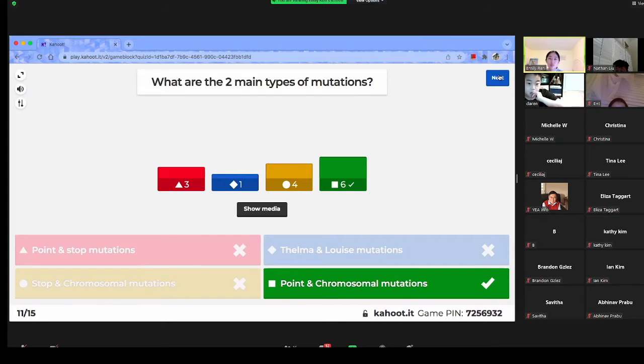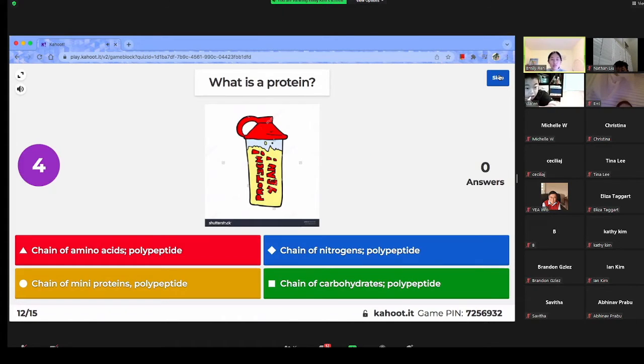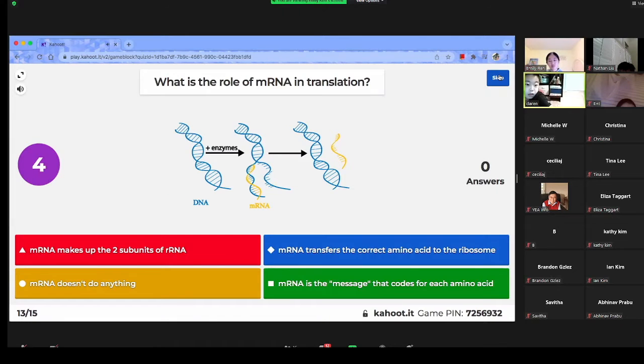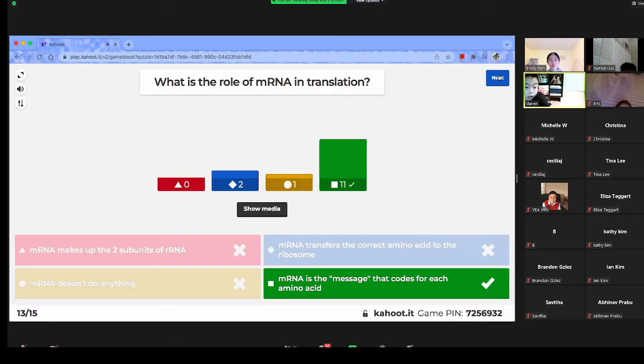So these are the two main types. What is a protein? A protein is a chain of amino acids, or a polypeptide. The role of mRNA in translation is to code for amino acids by matching up their codons with the corresponding amino acid.